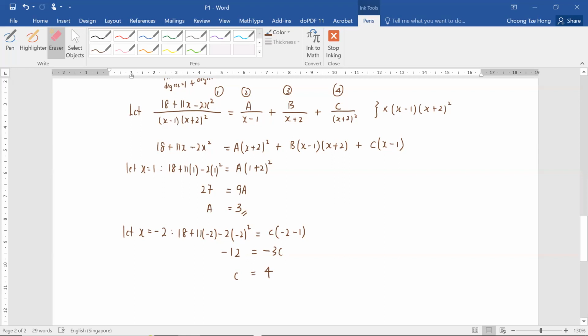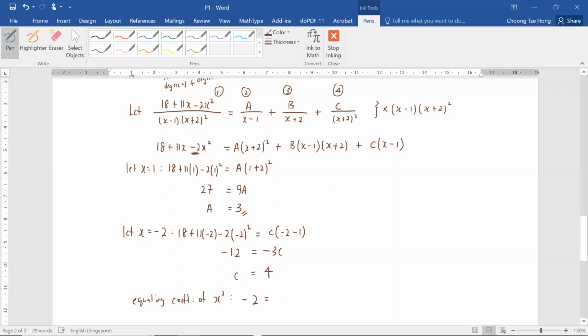On the left side of the equation, the coefficient of x squared is -2.